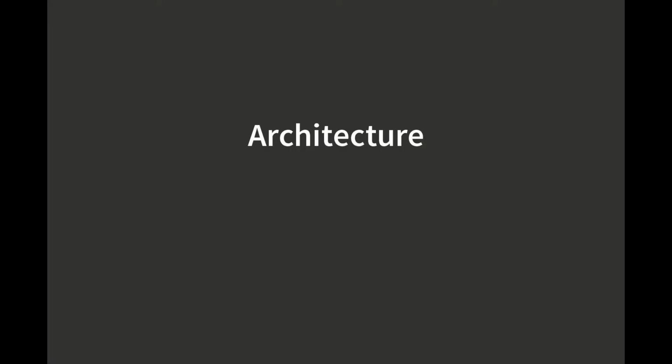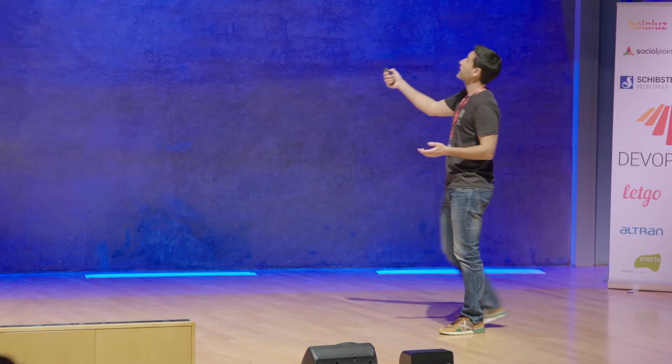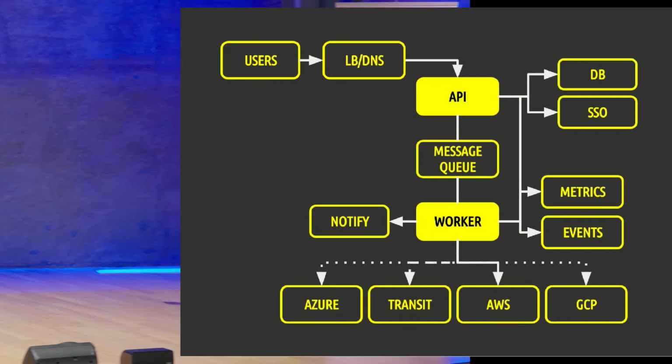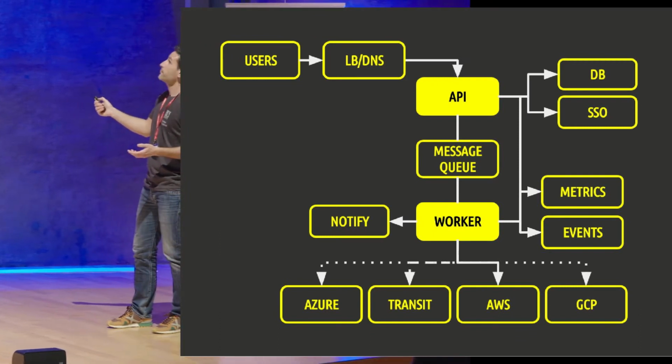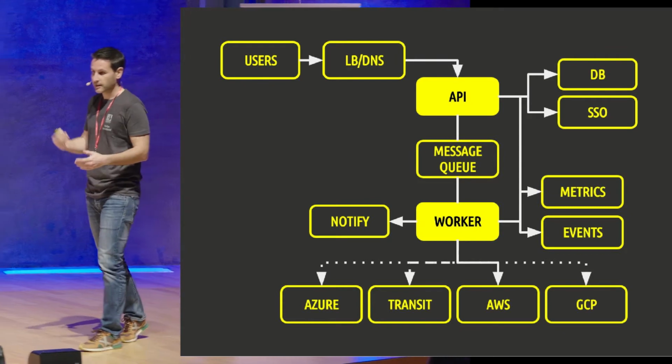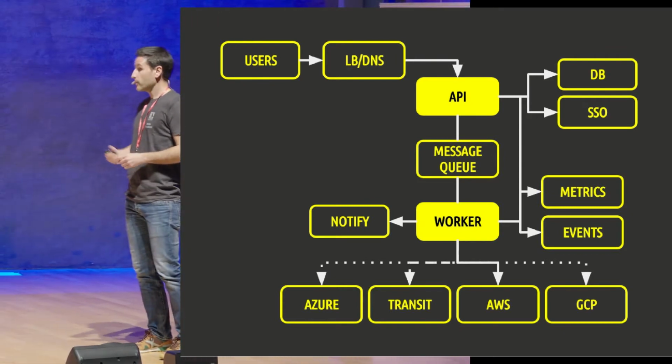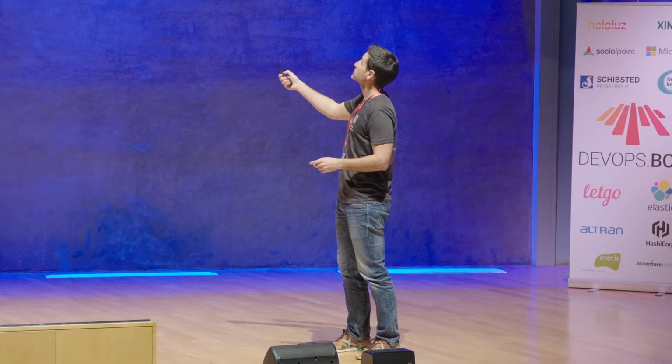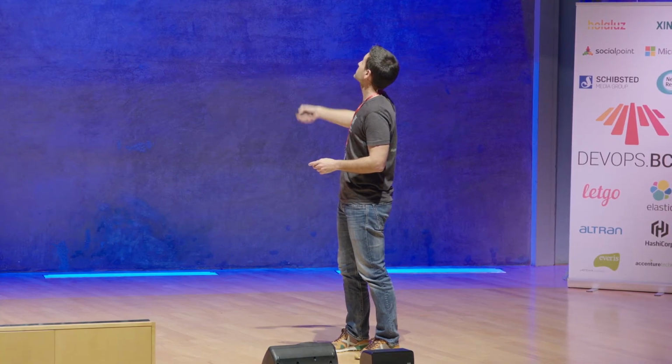The architecture of this service, because it's a running service, is something like this, quite simple. You can map this like the API, the worker, that is the abstraction layer. We have a message queue just to decouple the different services that can work at different times. We have the entry point for the users that is going to a load balancer and DNS.